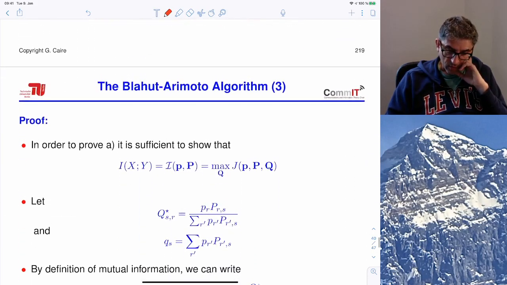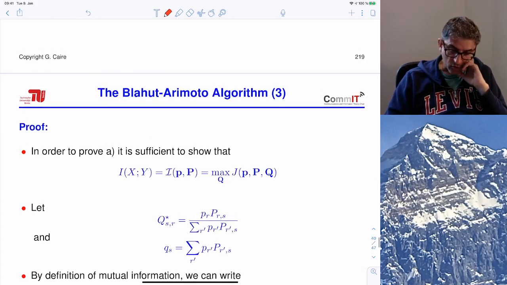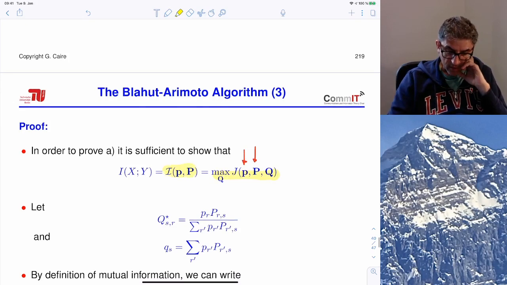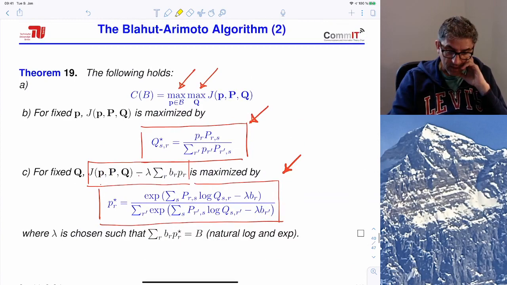So first of all, we want to prove A. In order to prove A, it is sufficient to show that the maximization with respect to Q for fixed small p and big P gives us the mutual information. Why? Because once we have the mutual information, then the outer maximization will give us the capacity cost function.